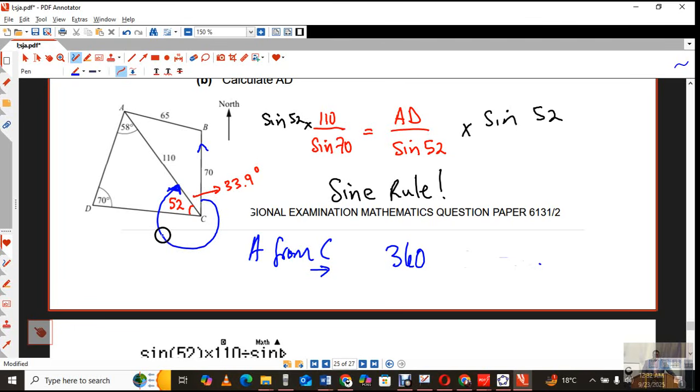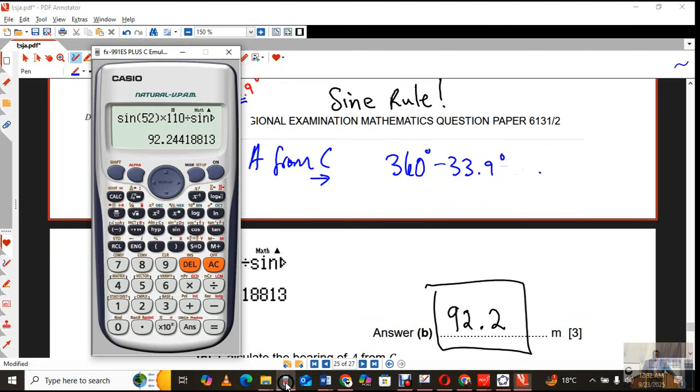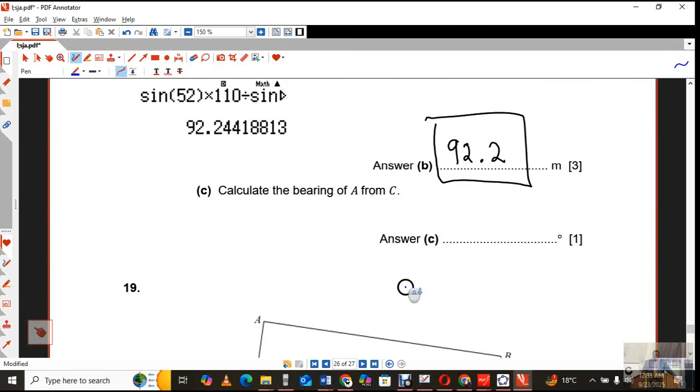So if I want to find what I've indicated, I must say 360 minus this 33.9 minus 33.9. That is going to give me what I'm looking for. Okay, so let's see. If I grab my calculator, I have 360 minus 33.9. Okay. That's 326.1. So 326 degrees.